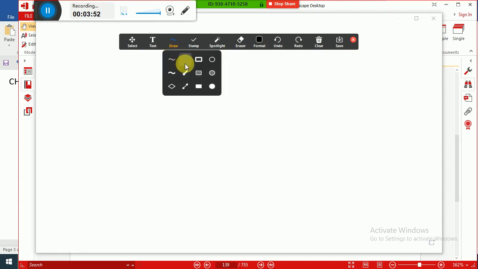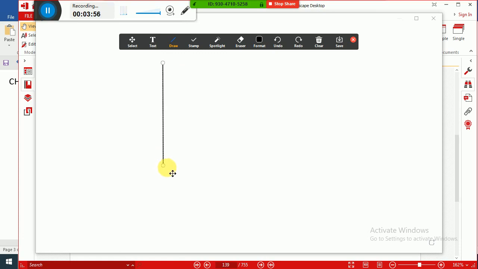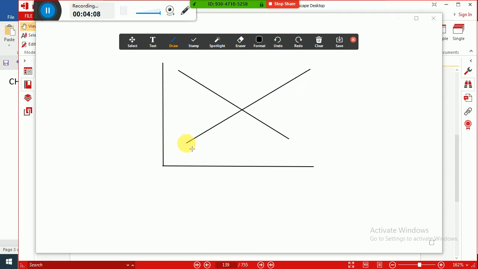Let's assume the initial situation. This is the initial situation where both the demand and supply curves intersect each other at point E. You know, the negatively sloped curve is the demand curve, so DD is the demand curve.